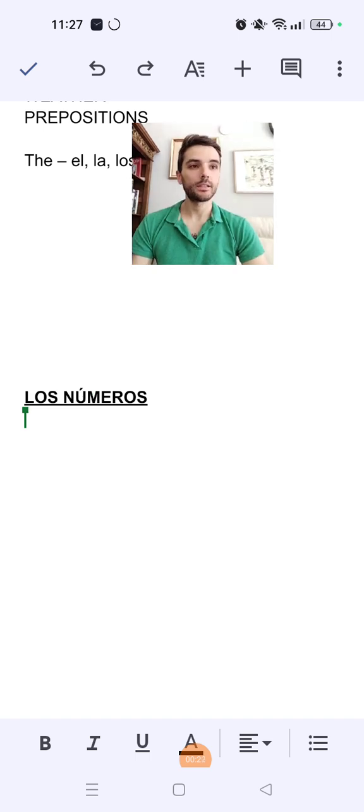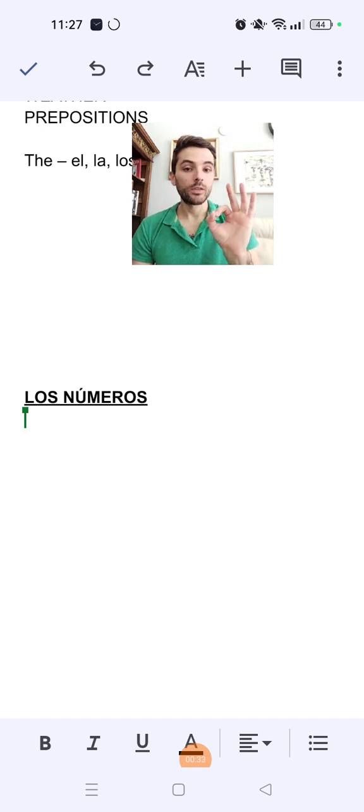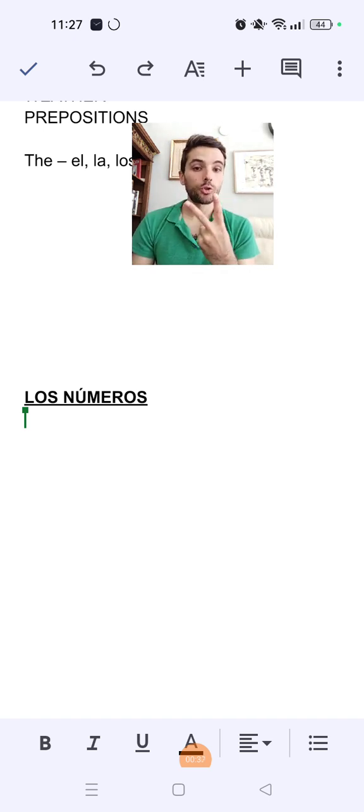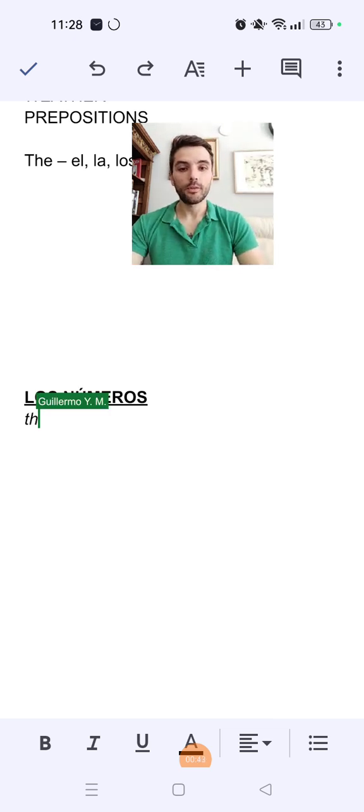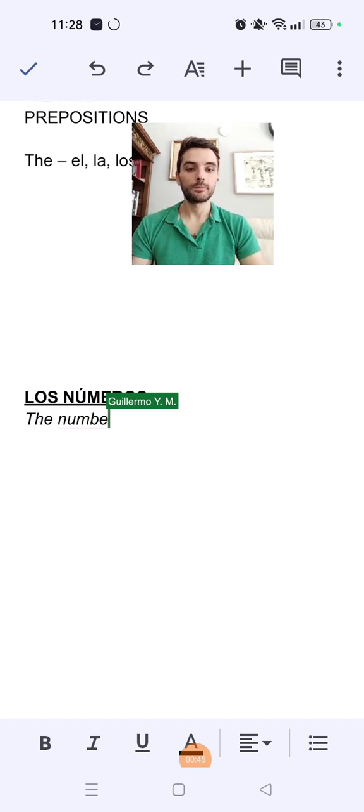So in this case the is los because it's plural and it's masculine, or let's say it ends with an O. Número ends with an O, so it will be el número or los números. Okay, don't worry about this, you will get it in time. So this is the numbers.